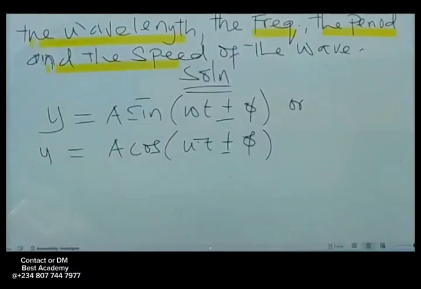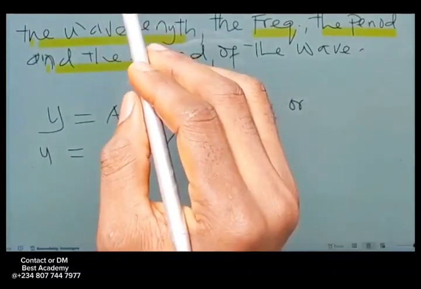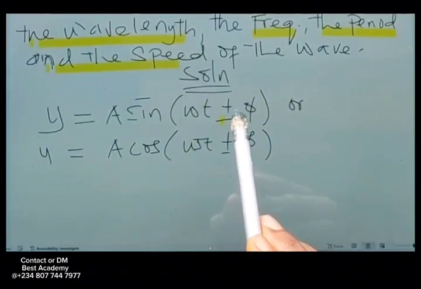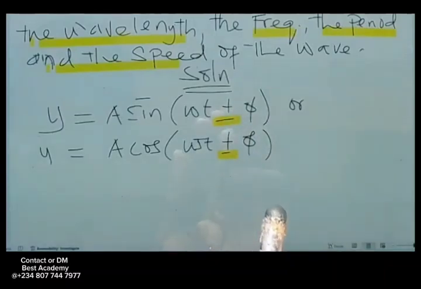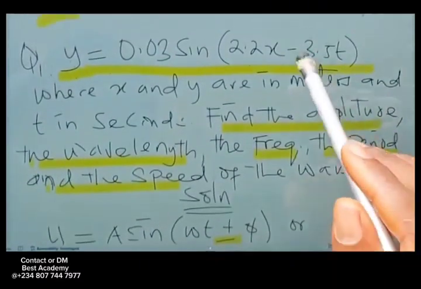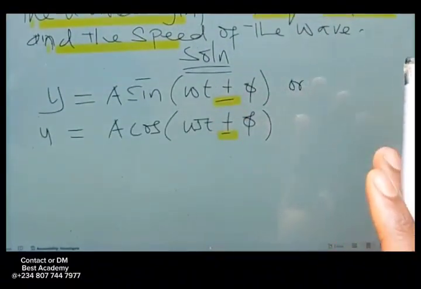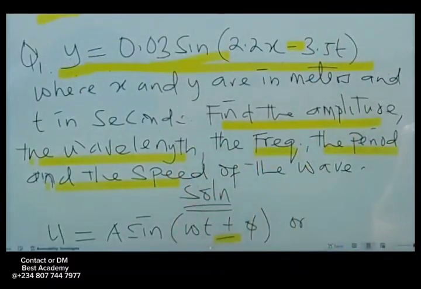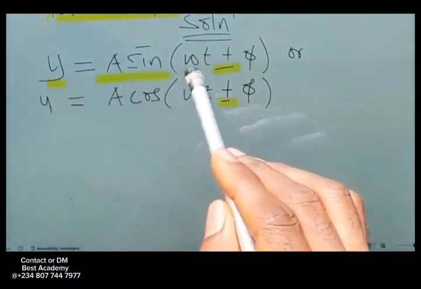We have to know when this sign is minus and when it is plus. The sign depends on what is given in the equation. In this question, what is given is minus, so I'm going to use minus in the standard equation. And what is given is sine, so I'm going to use the standard expression for sine to compare the equation.